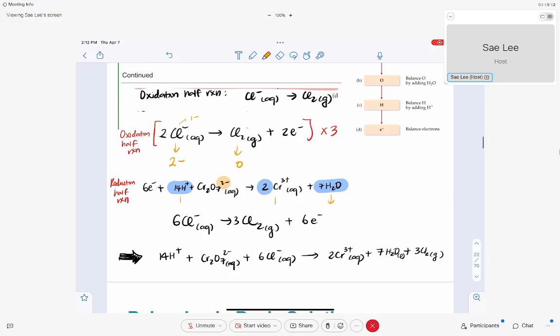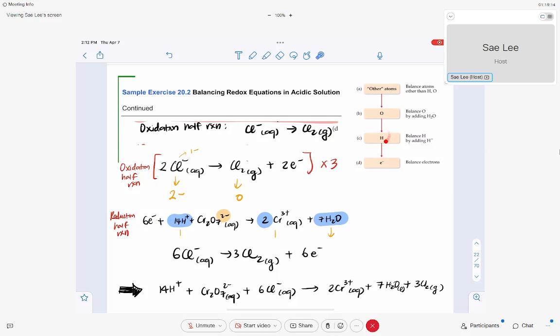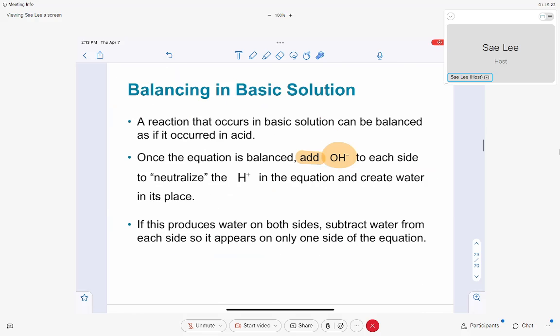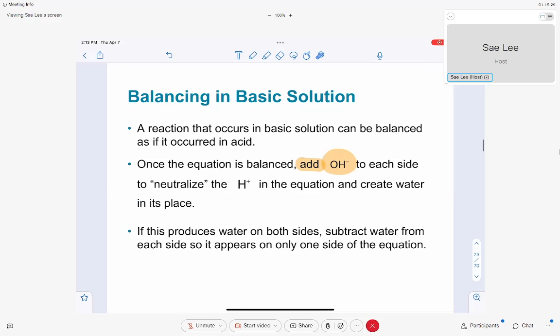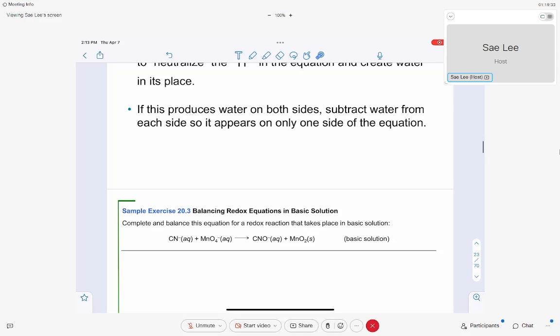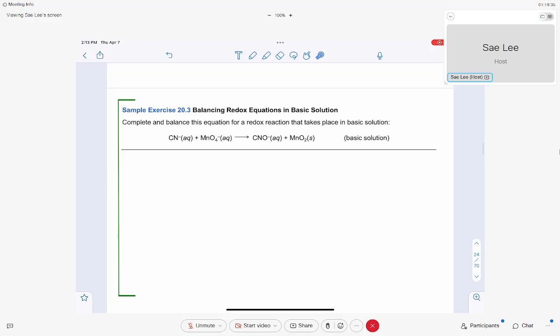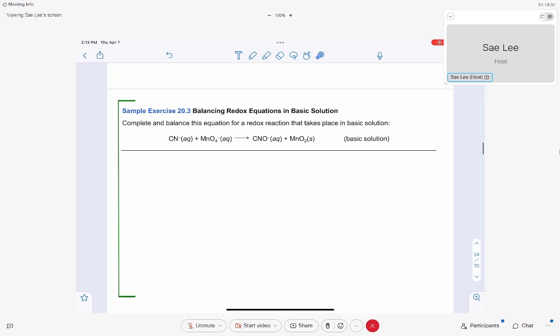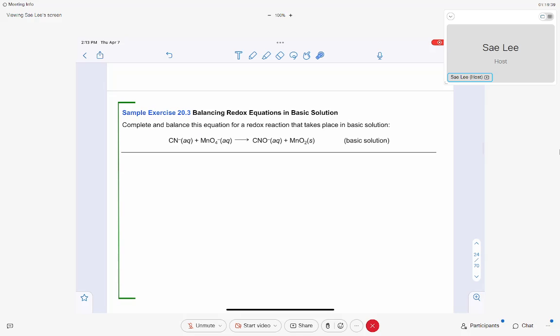You see how you add protons to balance the hydrogen from the water that you add, right? So you have to add hydroxide to each side to neutralize any proton in the equation to create water instead. We're going to solve this during next class, since this is going to be a very long exercise.